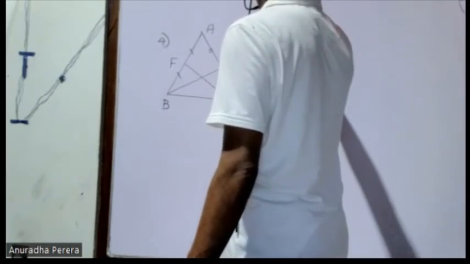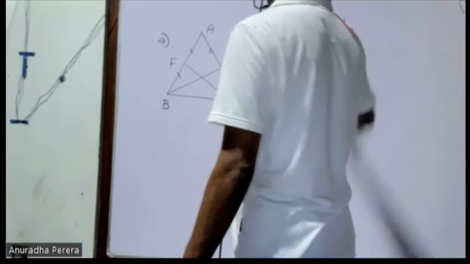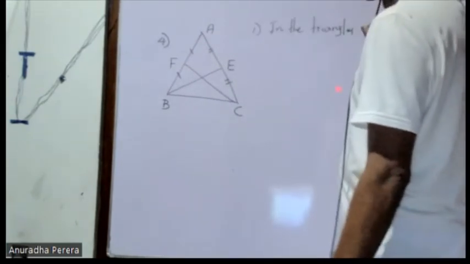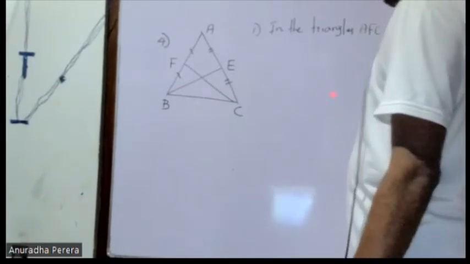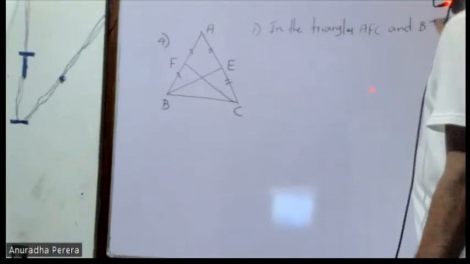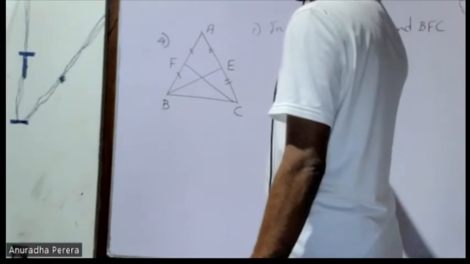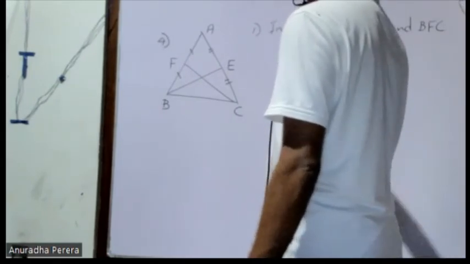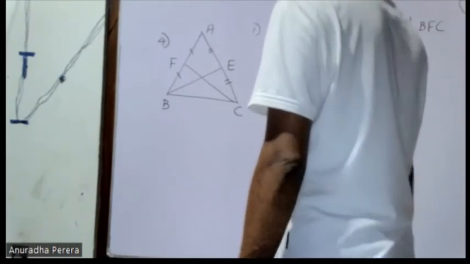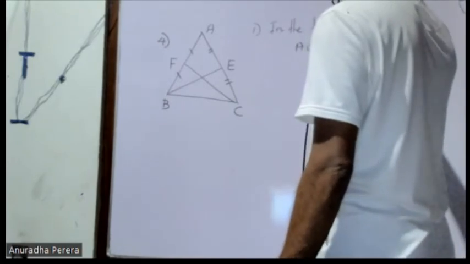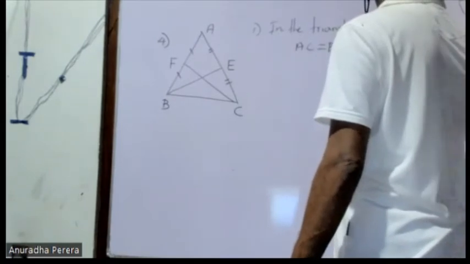In the triangles AFC and BFC, AC equals BC, sides of an equilateral triangle.